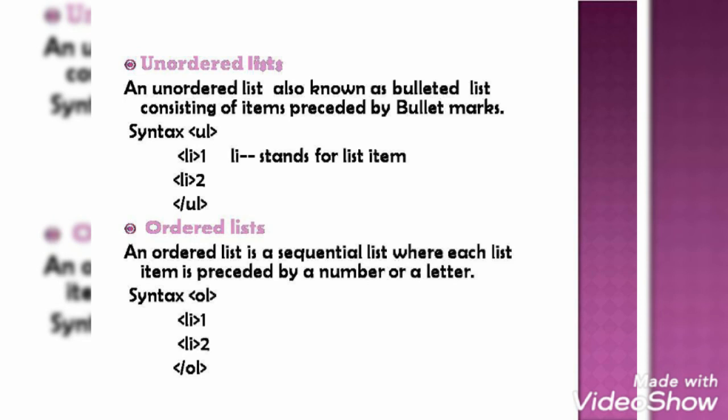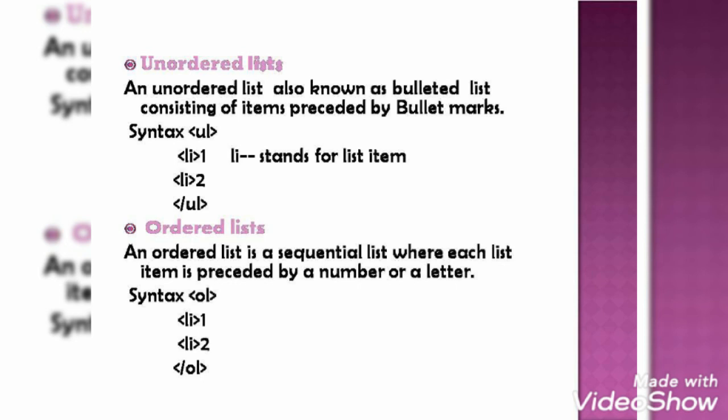Now let's see how to use it and what the syntax is. An unordered list has only the names with bullet marks, no numbering. An unordered list is used for showing a collection of items, like shopping items, names of books, authors, or a list of movies. Any list you can make by using an unordered list.